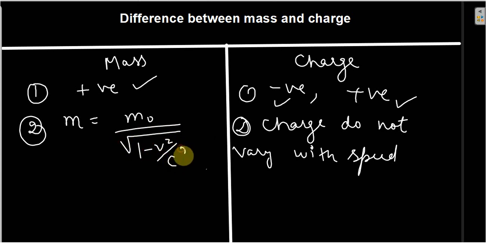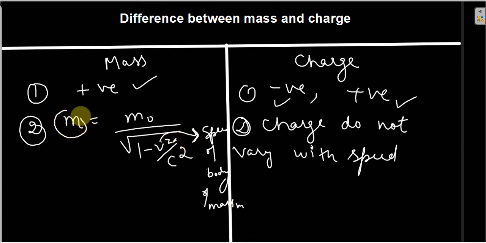Now what is v here? V is the speed of the body having mass m.